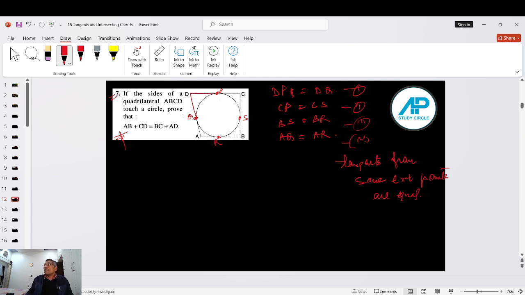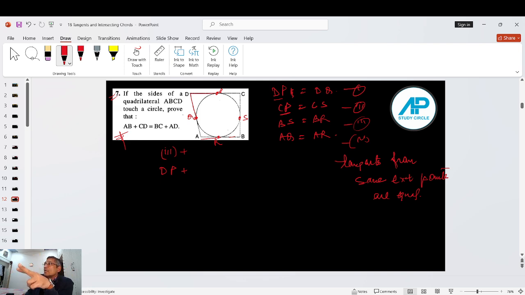Now I need to show that AB, we have 2 parts, AR plus BR. So I should have AR and BR on one side. So I'm adding the third equation, plus I want CD. CD has PC and PD, so 1 plus 2. So I'm adding the equations: I want to put all the parts of CD on one side and AB on the same side.